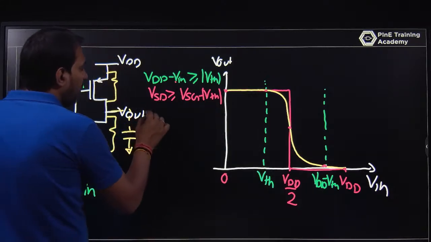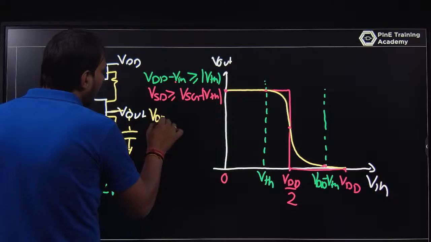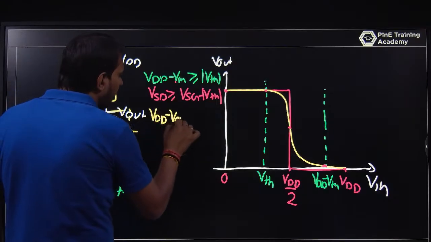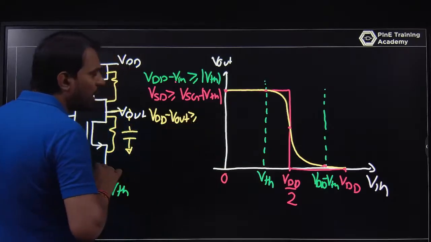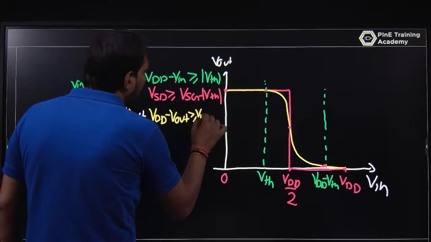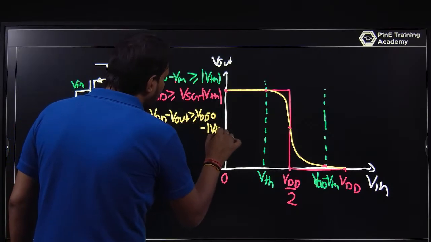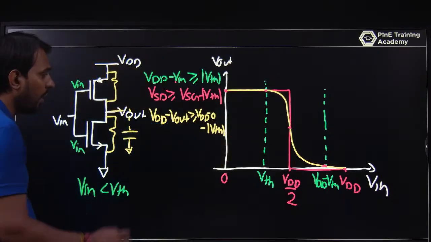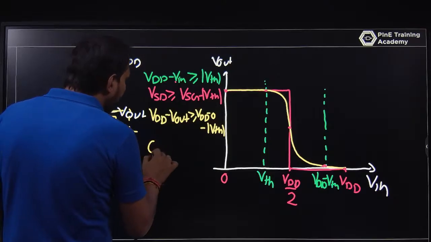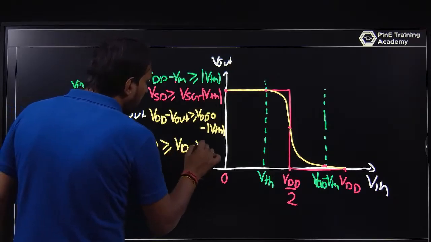So the source voltage is VDD, the drain voltage is Vout, which is nearly VDD, and the gate voltage is nearly 0. Checking saturation: Vout is nearly about VDD, so VDD minus VDD is 0, which must be greater than or equal to VDD minus mod VTH.